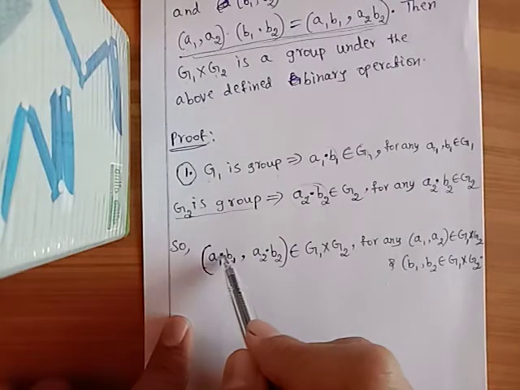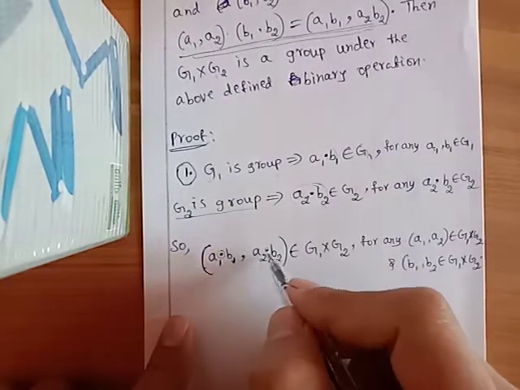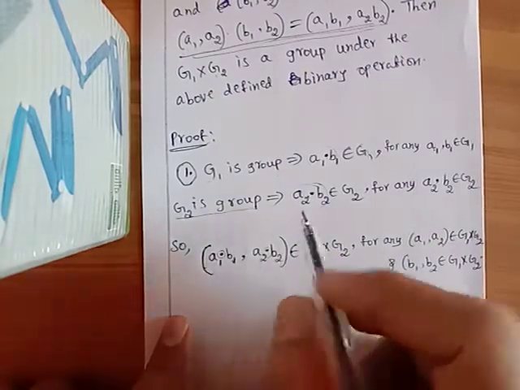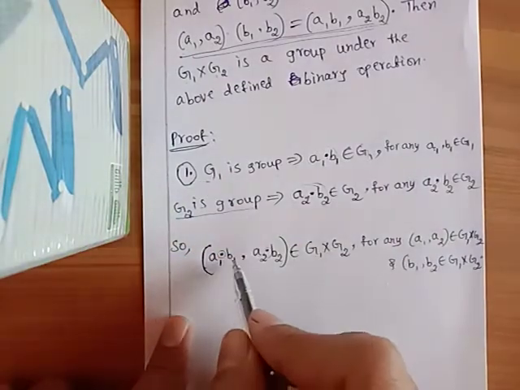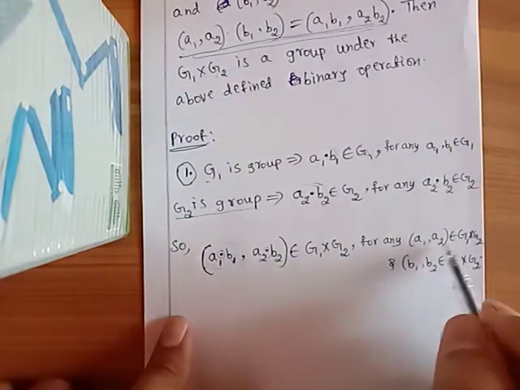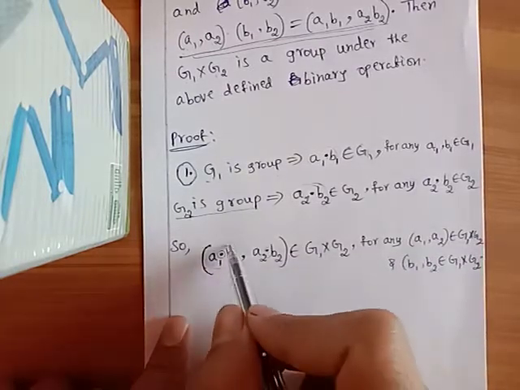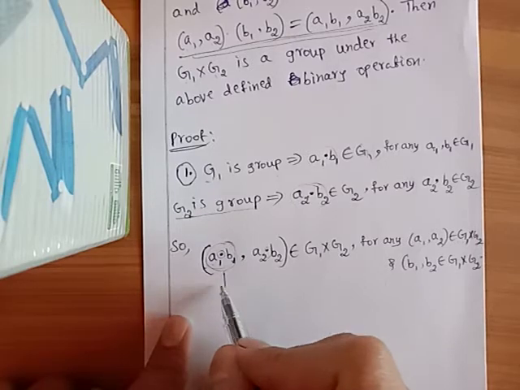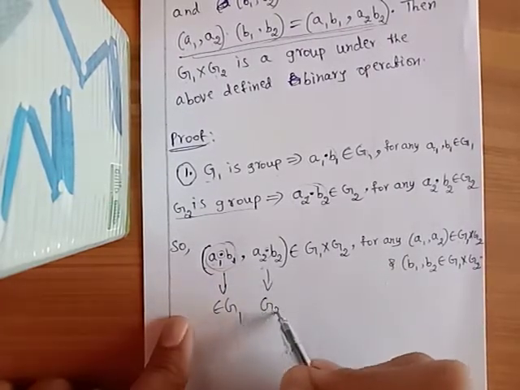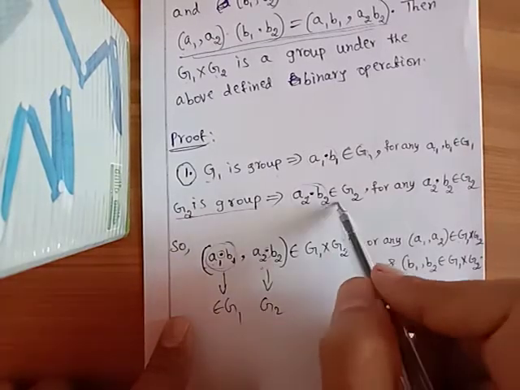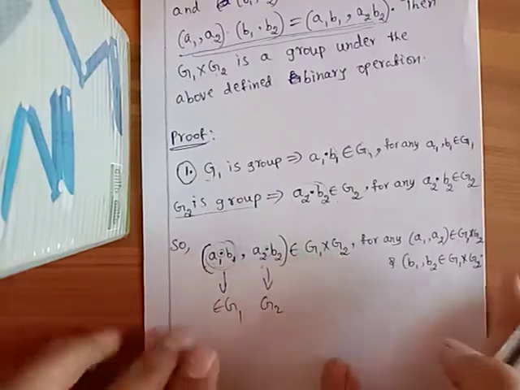Here A1 dot B1 is the binary operation in G1 and A2 dot B2 is the binary operation in G2. Since closure holds in G1, this element belongs to G1, and this element belongs to G2 because of closure in G2, so that this whole element belongs to G1 cross G2.